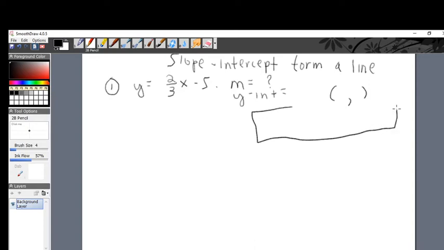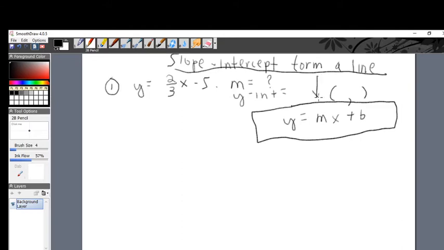I'm putting it in a box on the right-hand side. It is y equals mx plus b. That is the slope intercept form of the line.